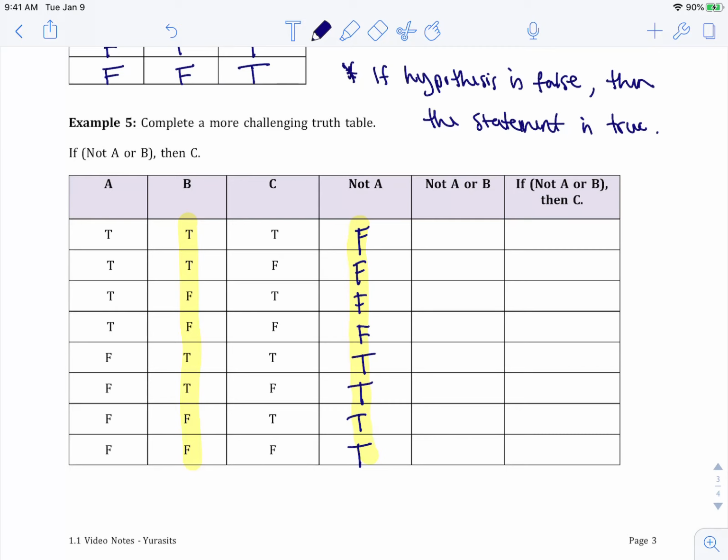So if I look in my first row, oh, okay, one's true, it's true. One's true, true. Uh-oh, both are false. That means this has to be false. Both are false. This is false. One's true at least, so true, true, true, true.